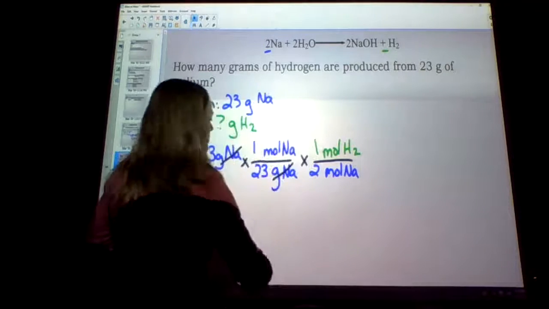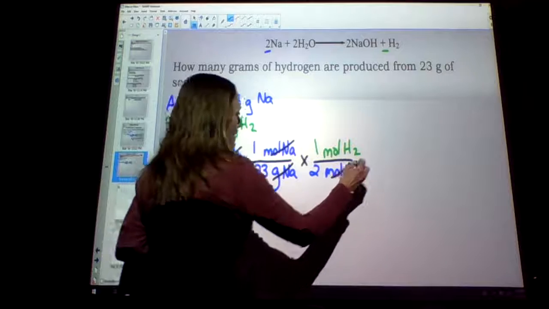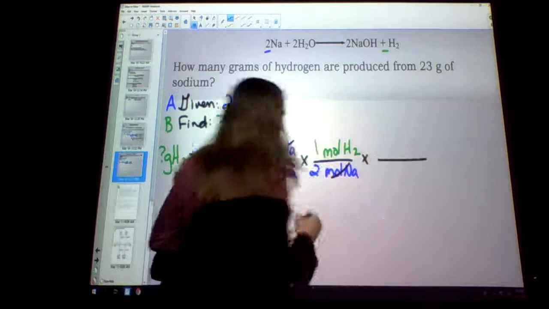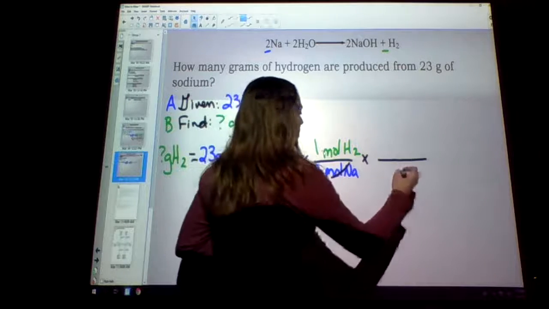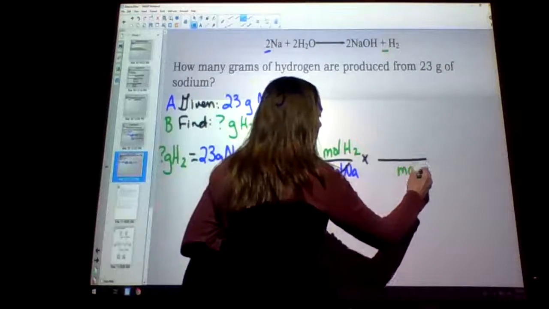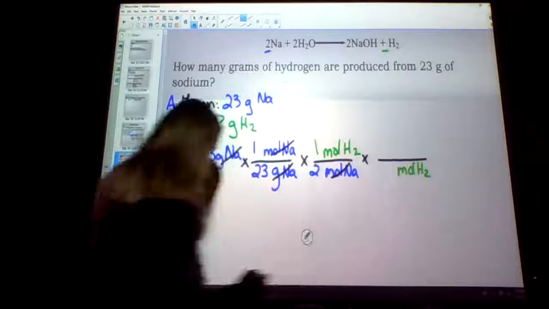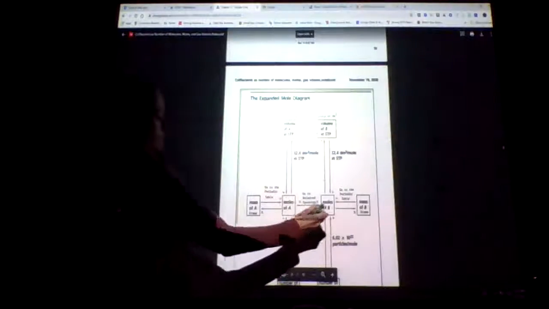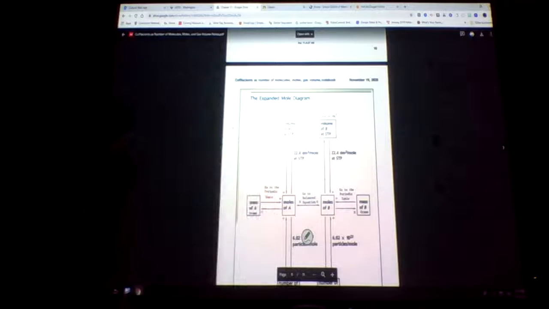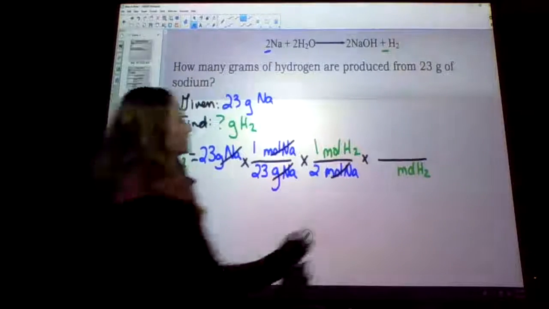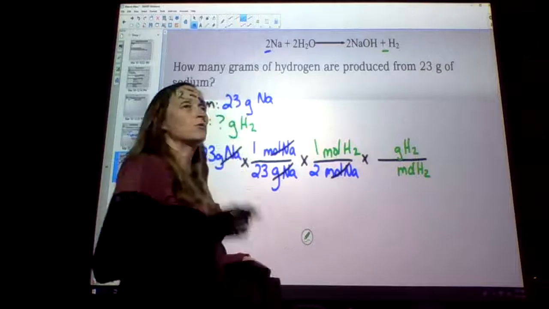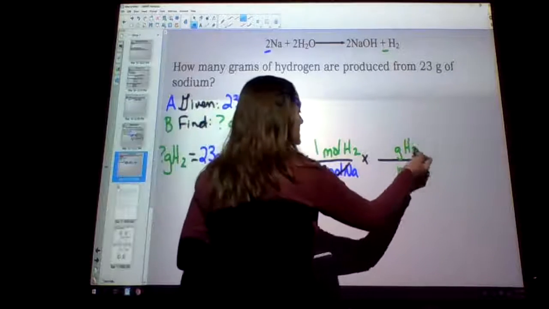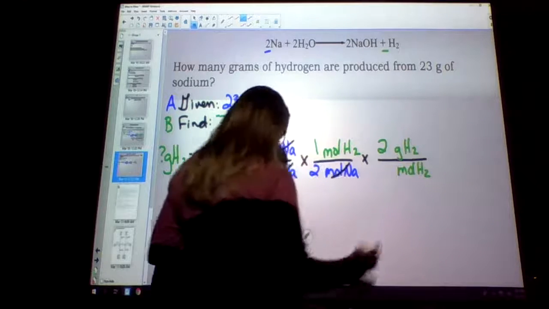Now your moles of sodium cancel. Now we're going to go from moles of hydrogen, and if we want that to cancel, that will go in the bottom, to mass. So moles to mass. We go to our periodic table. Hydrogen has the mass of 1, and since it's diatomic, we have 2.